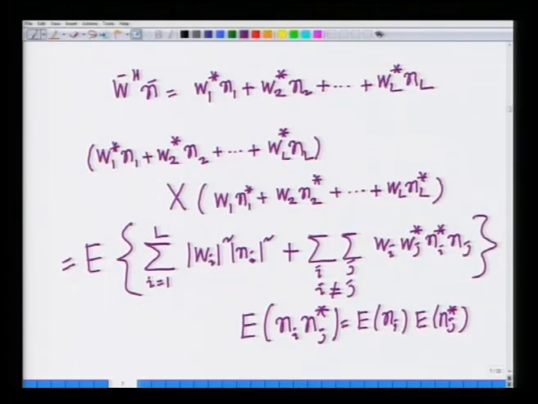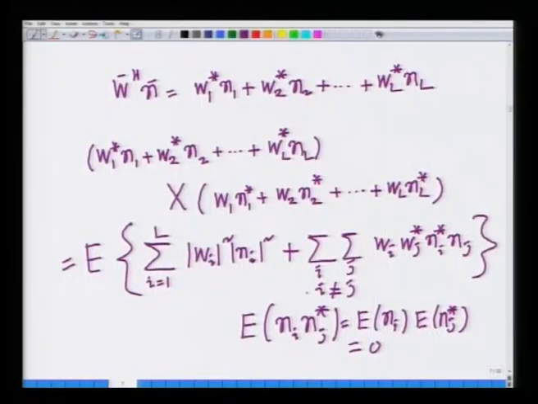We know from the properties of independent random variables that if x and y are independent random variables, then expected xy is nothing but expected x times expected y. But expected Ni and expected Nj are both 0. So this is 0 times 0, which is 0. So this term over here to the right is identically 0.